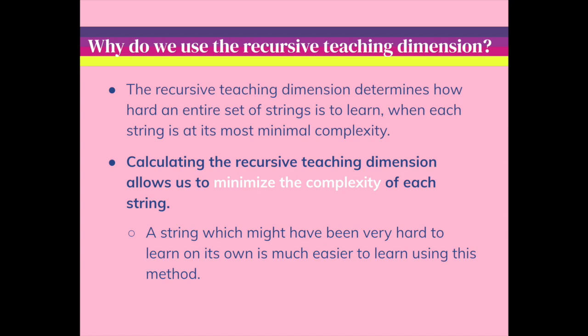The same idea here applies to the recursive teaching dimension. Each string has a teaching dimension, which determines how hard the string itself is to learn. So by separating it into these building blocks, we use the recursive teaching dimension as a way to minimize the complexity of each string, therefore making an entire set a lot easier to learn.